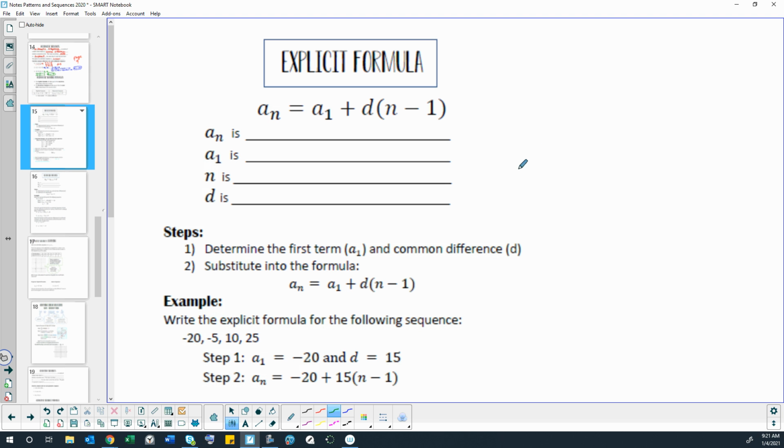If you want to know a little bit more about the explicit formula, I'll go ahead and tell you. A sub n is the nth term, which refers to any term of the sequence. So the nth term of the sequence would be any term you want to talk about in the sequence. A sub 1 is the first term.